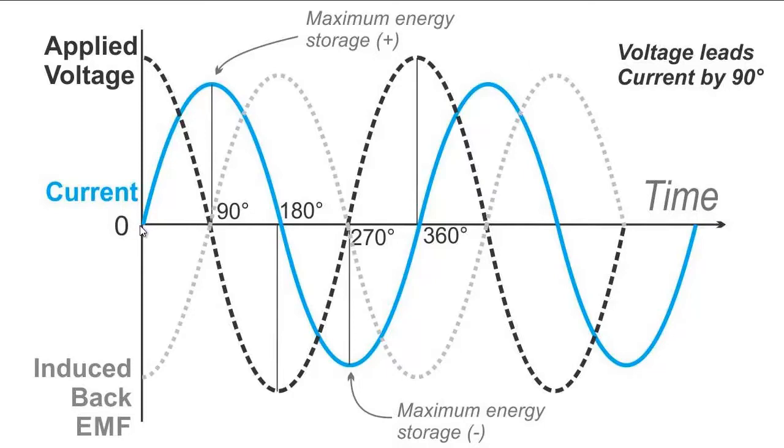So if we come down on our time scale and slowly move along, and we have a voltage at 90 degrees, it's at 0. Or inversely, at the peak we've got a maximum voltage, and if we move along 90 degrees, we then have a current maximum. So the voltage leads the current.